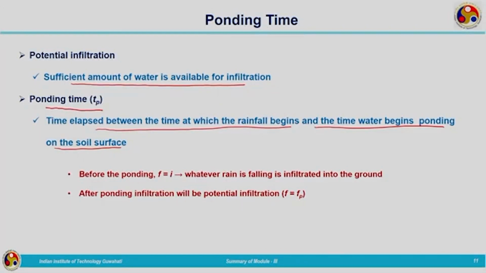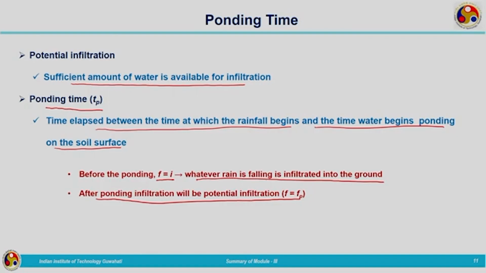So, if we want to calculate the infiltration which has taken place after ponding, we need some understanding of ponding time. Before ponding, we assume F is equal to the intensity of rainfall, that is, whatever rain is falling is infiltrated into the ground, and after ponding infiltration will be potential infiltration, F is equal to Fp.